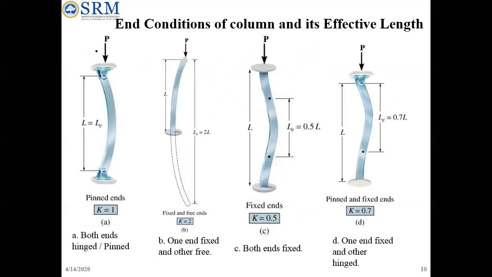This is the case where the axial load is applied. A lateral load would be applied perpendicular to the length, in this direction. Here the assumption is that we consider only the axial loading case. When hinged at both ends, the effective length will be exactly equal to the length of the column. That we should remember.